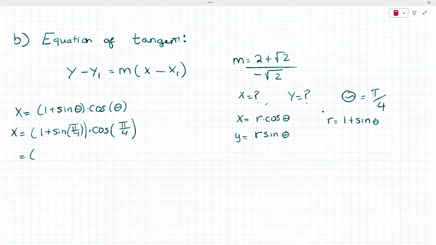Sine of pi over 4 is radical 2 over 2. Cosine of pi over 4 is radical 2 over 2. And if you clean that up and if you FOIL it out, you're going to get radical 2 over 2 plus 1/2.